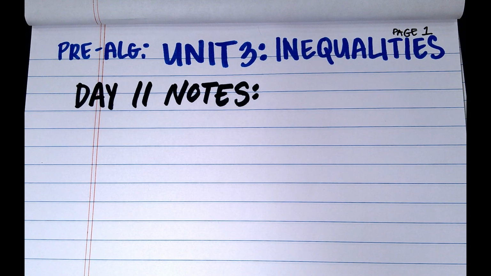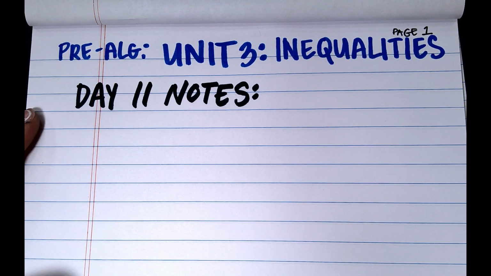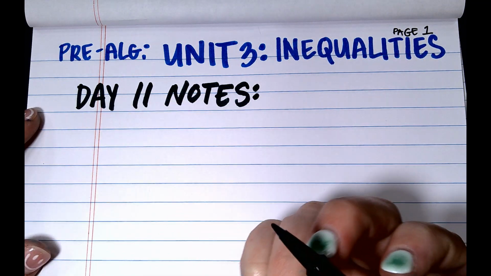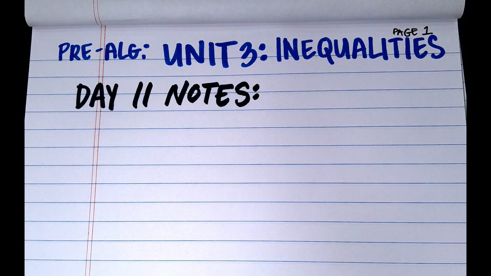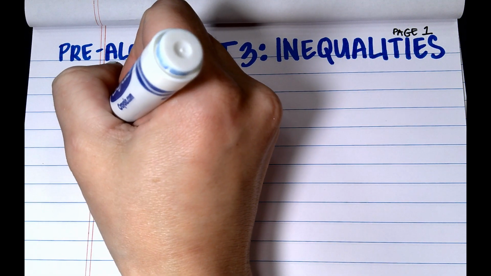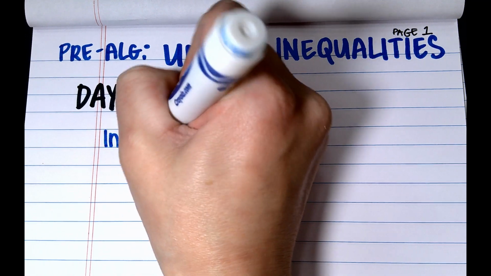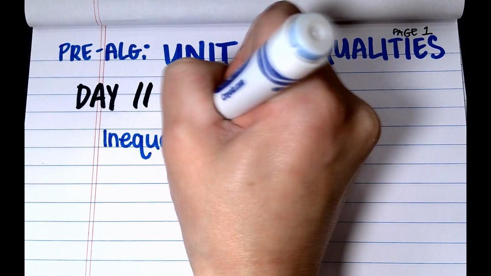So, an inequality. We're going to answer that question. What is an inequality? I'm going to give you an example of an inequality. I'm going to write the word again. Inequality.